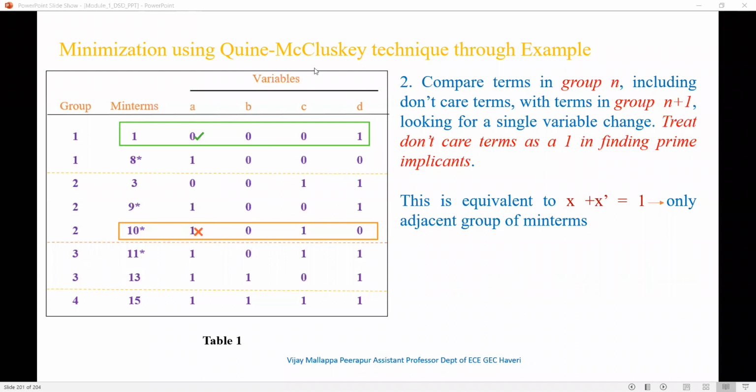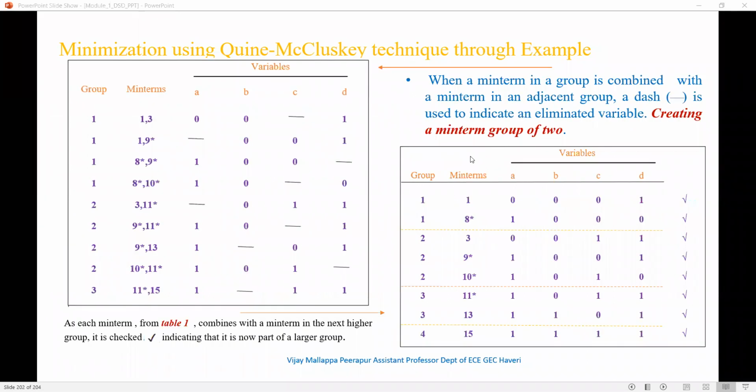Next, it is 0, this is 0 here. Next this is 0. What about here? It is 1, right? Here again we have 0, and here we have 0. So just by looking at this, there are three variable changes, so we cannot group 1 and 10, right? Everyone understood this? This is how you need to proceed and find the groups of two minterms.